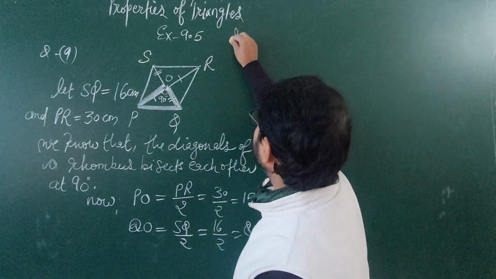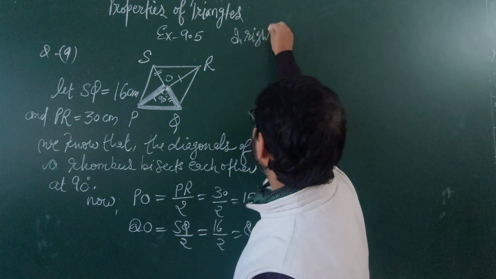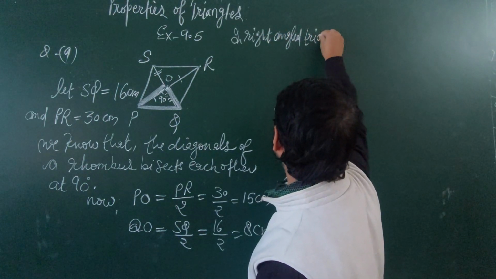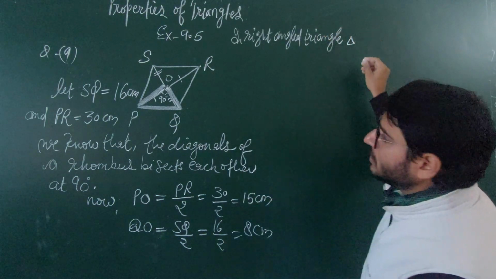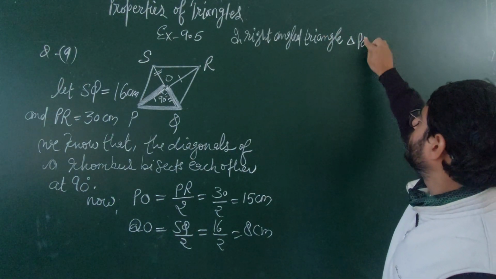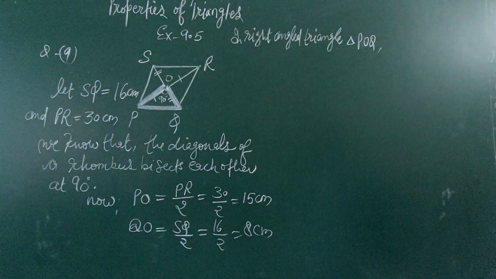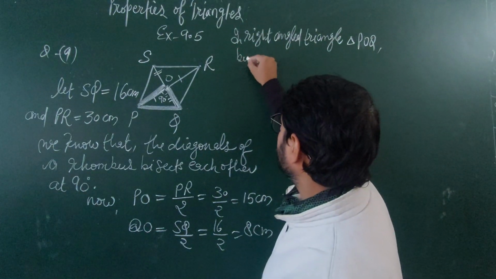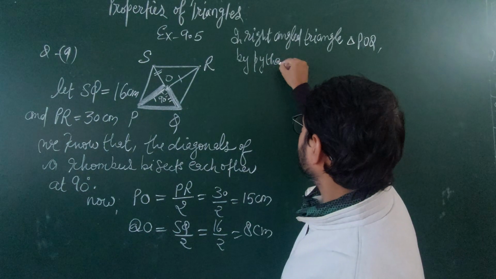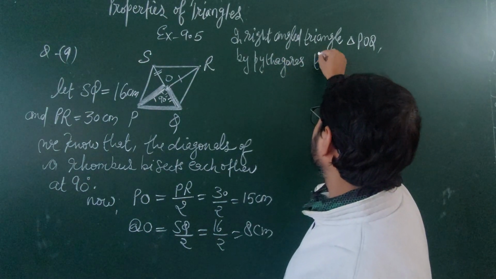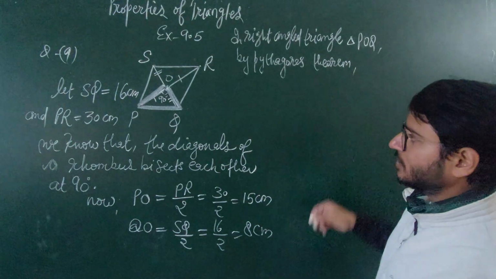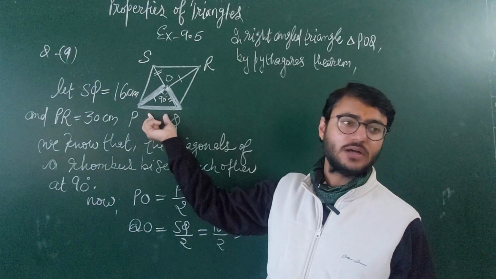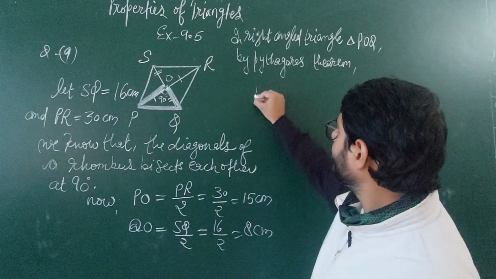So in right angled triangle POQ, by Pythagoras theorem, if this angle is 90 degrees, then the hypotenuse will be its opposite side, which is PQ.